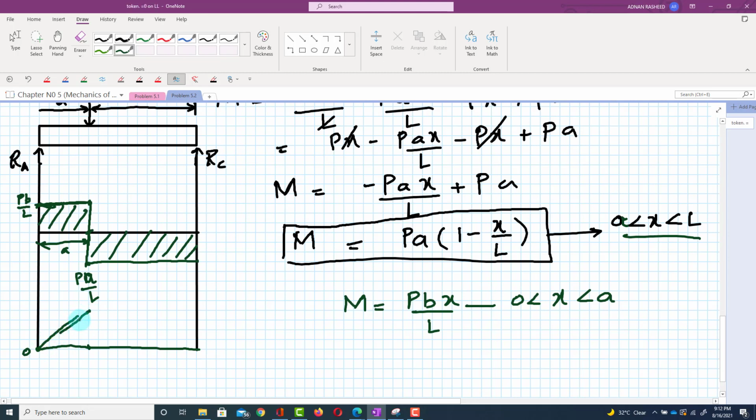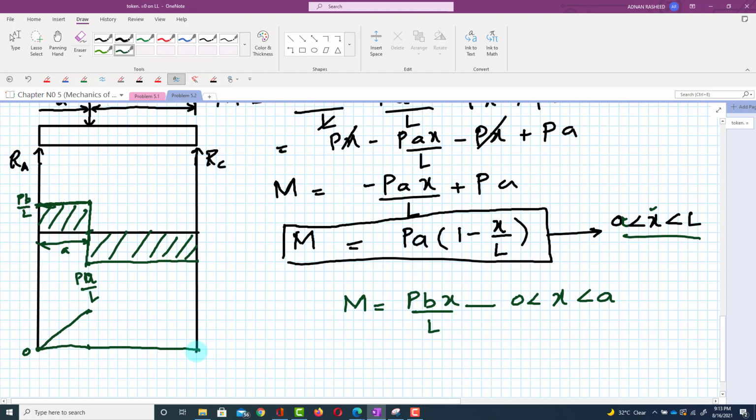If I draw it roughly, you will gain experience when you solve a few more problems. So you can quickly judge whether it will be a straight line or a curved one. So it will be a straight line. Then at this point it is 0, and the shear force is negative, so the bending moment will also come toward this point, because this equation is valid for x greater than a and less than L. If you put x as L, this becomes 1, and 1 minus 1 is equal to 0.